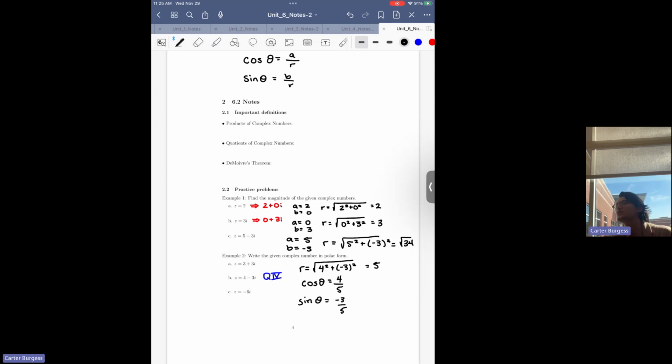So let's construct two different inverse trig statements here. One of which will work, the other one will fail. But we're going to build both of them. For instance, if cosine of theta is equal to 4/5, the way that we might rewrite this would be that theta should be equal to arc cosine, or cosine to the -1, of 4/5.